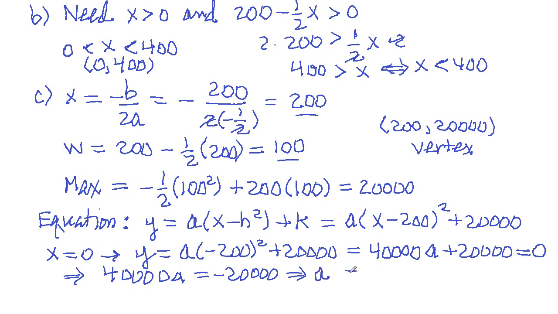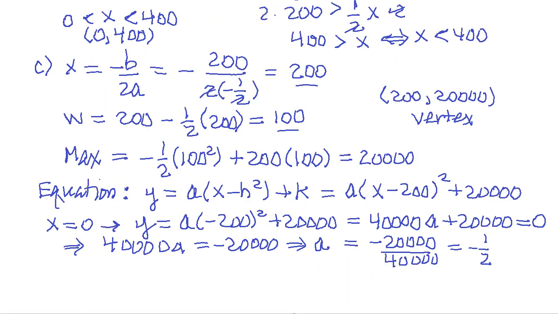So your a is going to be -20,000 divided by 40,000, which is -1/2. So now we can fill in our equation, put in the -1/2 right here. So this will be -1/2 times x minus 200 squared, and then plus 20,000.